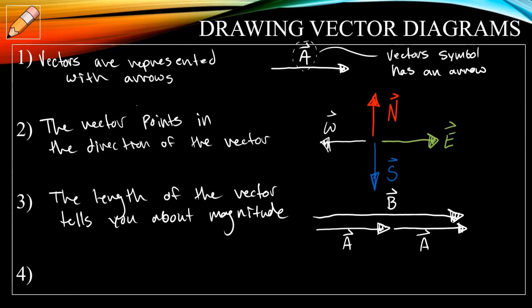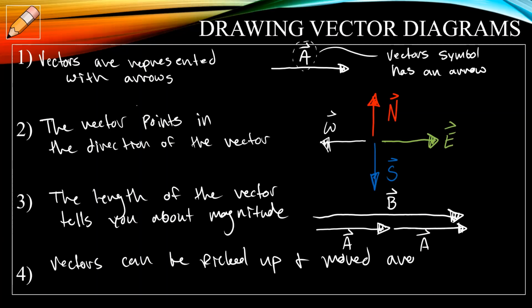And then another thing that we're going to be able to do, at least one thing that'll work for us in physics, is that vectors can be picked up and moved around. So just like I took this vector A and I moved it right here, vectors can be picked up and moved around.